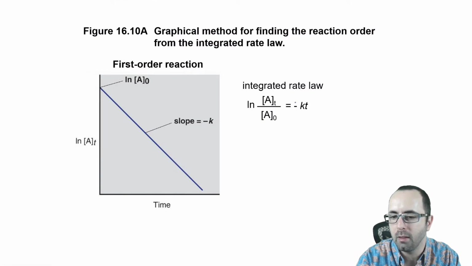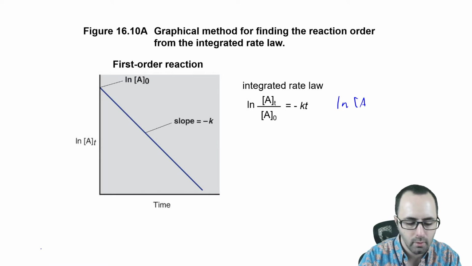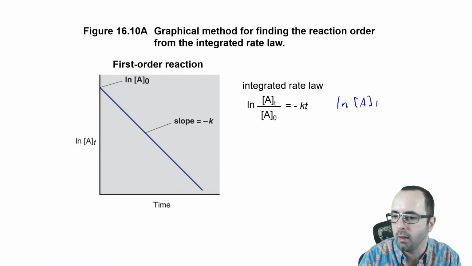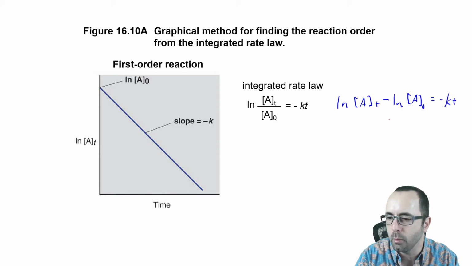And we can make this look like this: natural log of A at time t, minus the natural log of A at time 0, equals negative kt. Then what we can do is add the natural log of A at time 0 to both sides.